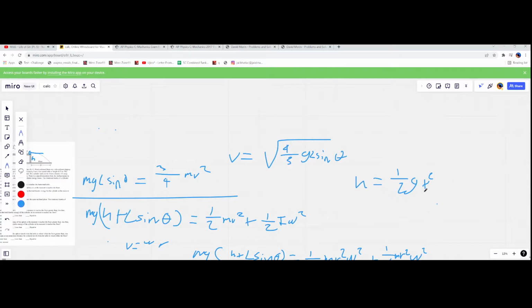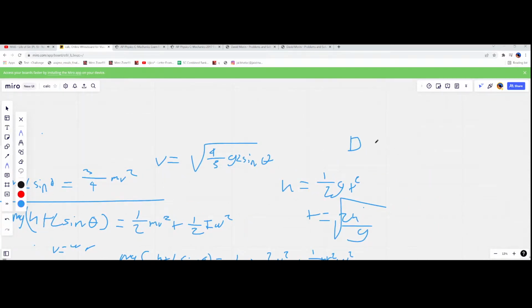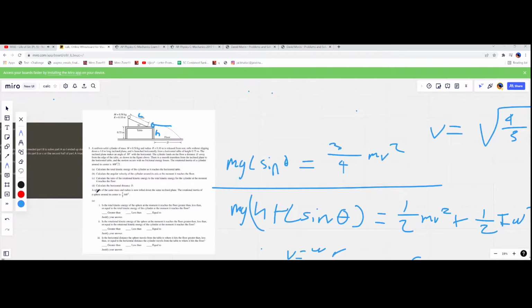You know that the acceleration of the thing is just g. So then t is equal to the square root of 2h over g, and then the horizontal distance d is equal to vt, you just multiply these two together, which I can't do this math in my head. Whatever, the g's cancel out and it becomes like 8hL sine theta over 3. There you go. So that is part D.